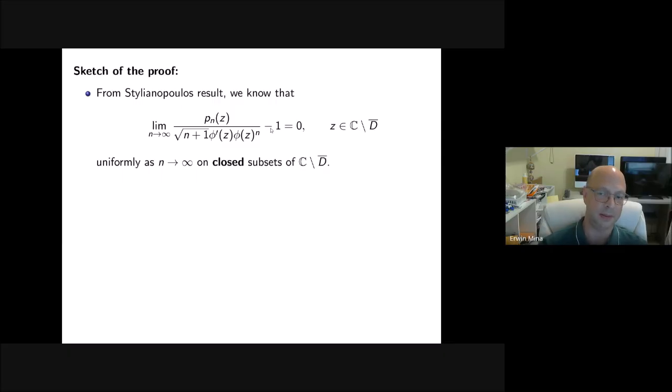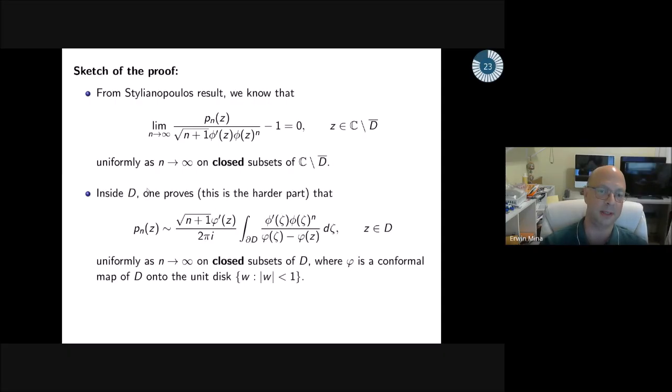Now, this happens not only pointwise, but also uniformly as long as you stay away from the boundary, on some closed set. So we know that the strong asymptotic formula already exists outside the boundary curve.